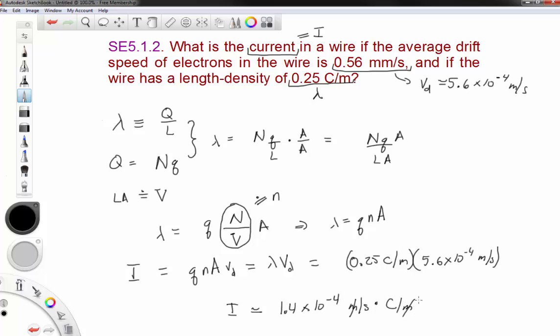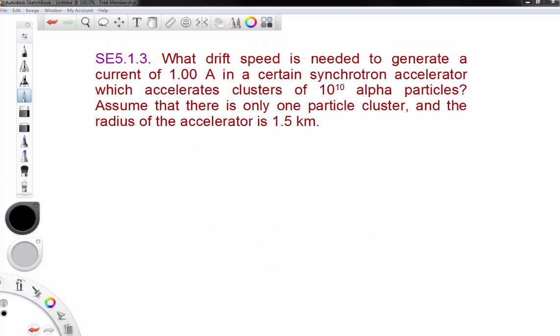You can see that the meters cancel, and so this is basically 1.4 times 10 to the minus 4 amps, or 140 microamps.